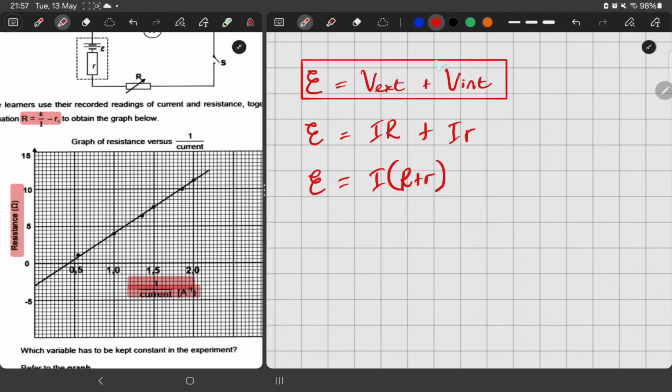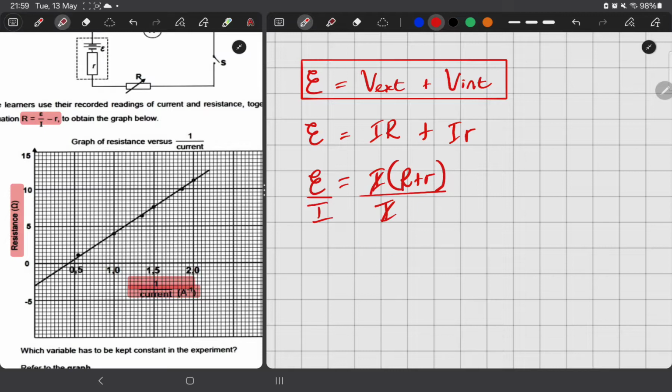Now I need to ensure that my resistance is going to be the subject of the formula. So in that way I will divide by I on both sides of the equation.